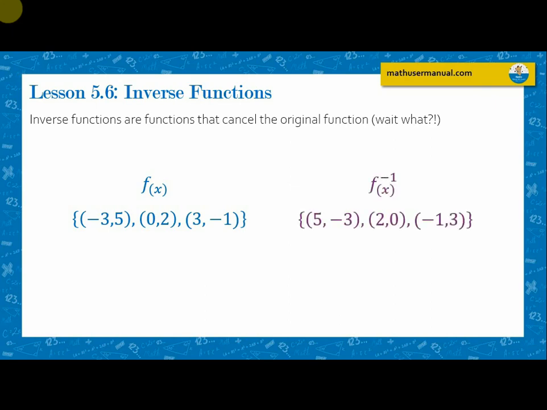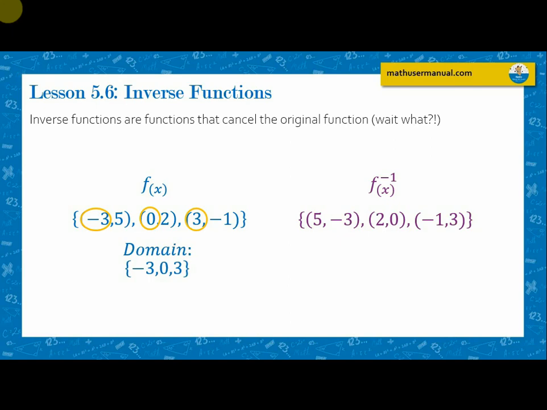Then we have f inverse of x, not f prime, f inverse of x: (5, -3), (2, 0), (-1, 3). So let's see, the first x coordinate in f of x is -3. The second x coordinate is 0, and the third x coordinate is 3. The domain of f of x, we can say, is -3, 0, and 3. Those are all the x coordinates.